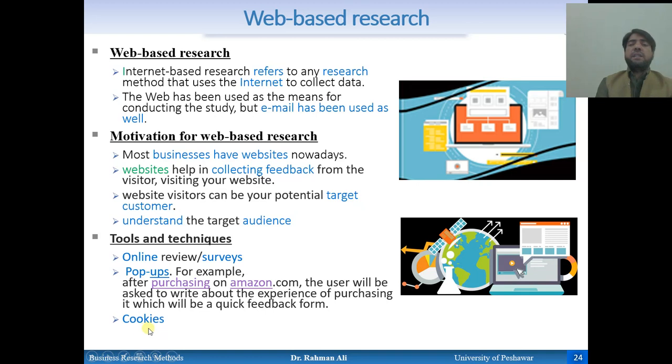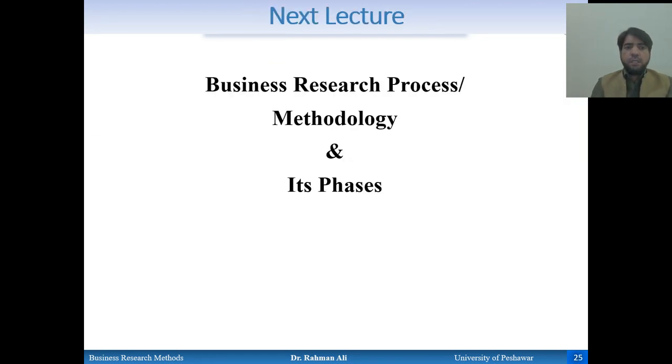Some websites have cookies behind the scenes that track your activity: what kind of product you are visiting, which pages you are visiting, and how much time you take on each page. All this information is collected, and then business analytics or business intelligence techniques are used to extract hidden patterns from the data, which gives you some clue for future research, and you can predict and forecast your business outcome.